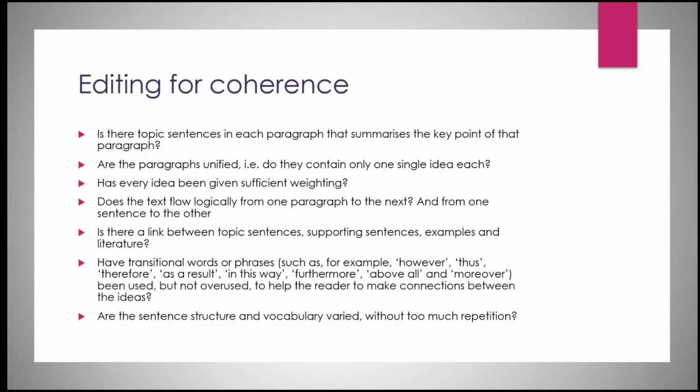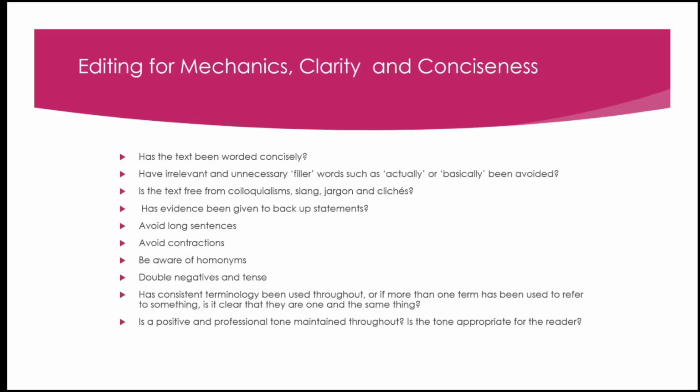So after you've edited for cohesion, you want to check if the text has been worded concisely. This is somehow tapping into the proofreading, but not necessarily in full detail. Superficially, you want to just check if you are using clear language.